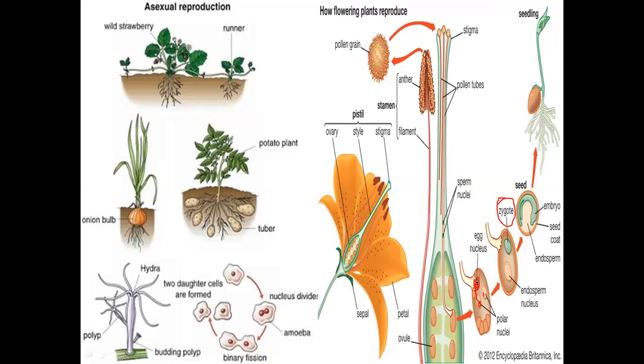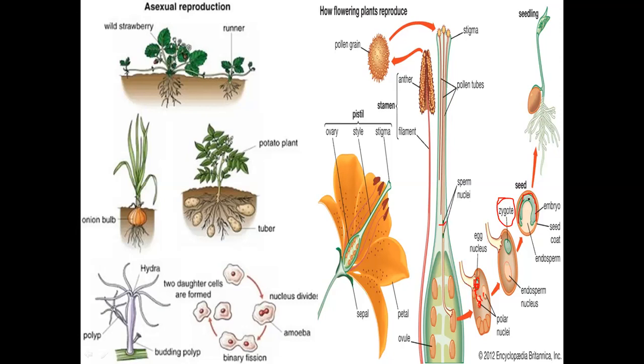So it will make a zygote. Zygote means when the egg and sperm fuse together. That process is called fertilization, and the thing which is formed is called the zygote. This later becomes the embryo. And the other, second nucleus fertilizes here with the polar nuclei.